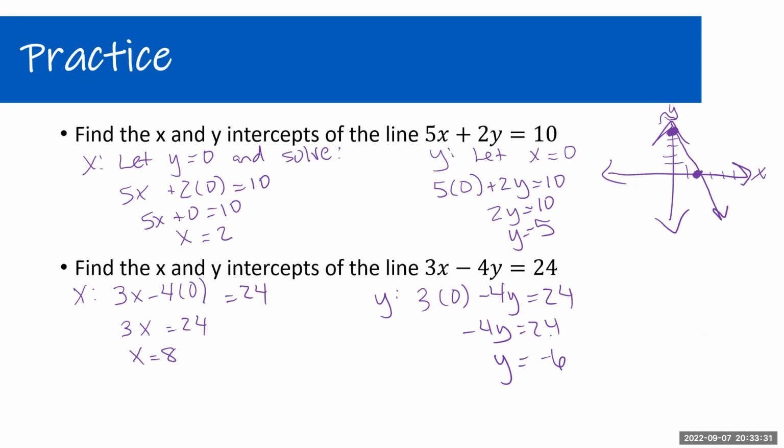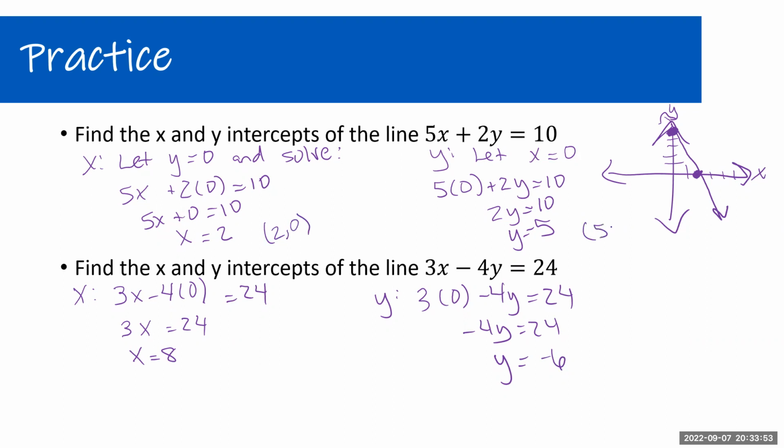Now you can think about it. I know I say, okay, when you're finding the x-intercept, you're going to let y equal 0, and that can be confusing. But think about it. You're solving for x, for the x-intercept. So leave x as your variable. When you're solving for the y-intercept, you're solving for y. Okay, so that might help you. These also, if you want to write the coordinates of these, this is going to be 2, 0.